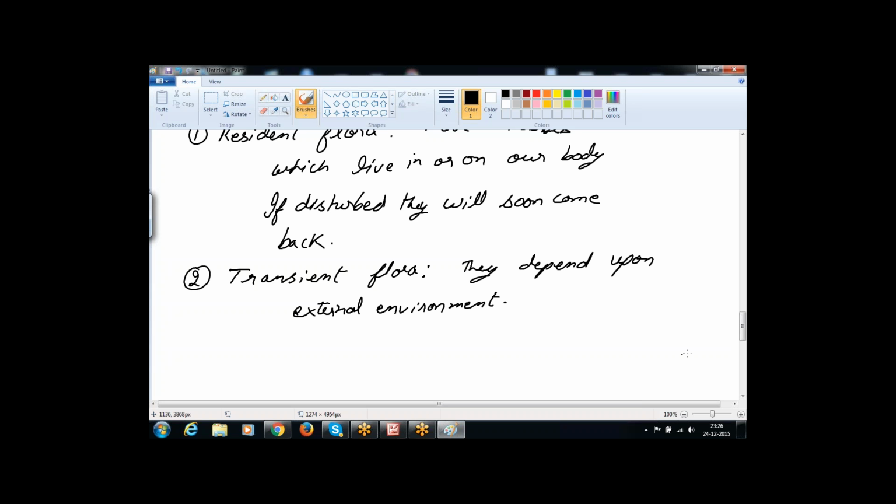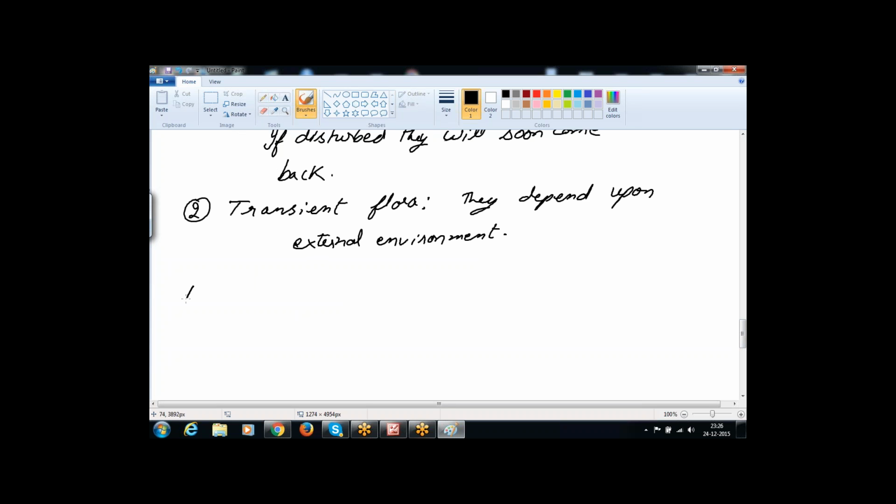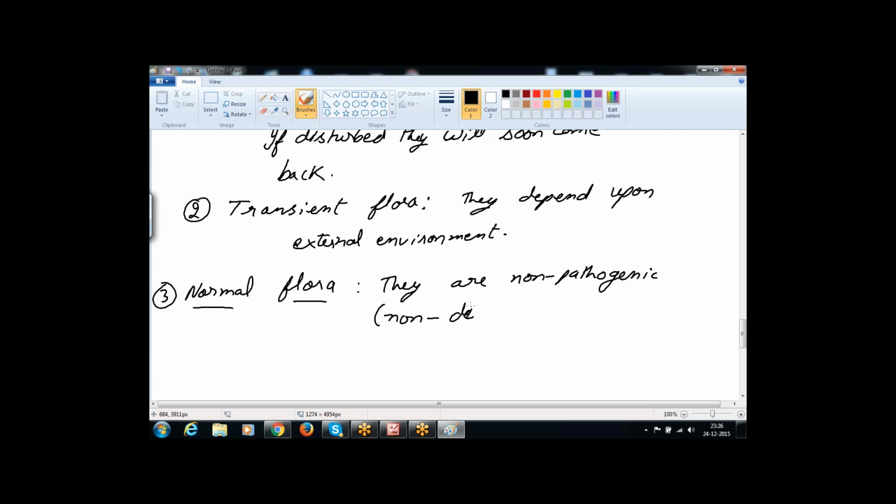And these are, of course, the normal flora. These transient or resident flora are the normal flora. What do we mean by normal flora? They are non-pathogenic, that means non-disease causing.